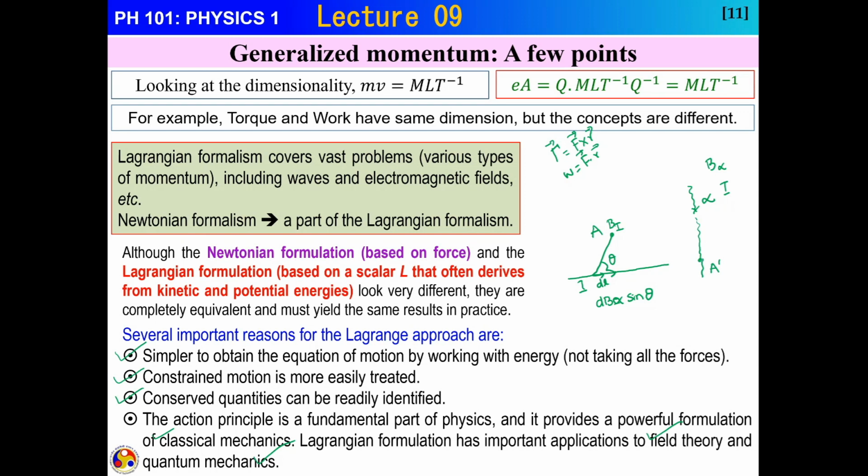Now when this point A prime is along the wire, what would be the magnetic field at this point? Because theta is 0, the magnetic field along the current carrying wire is going to be 0.